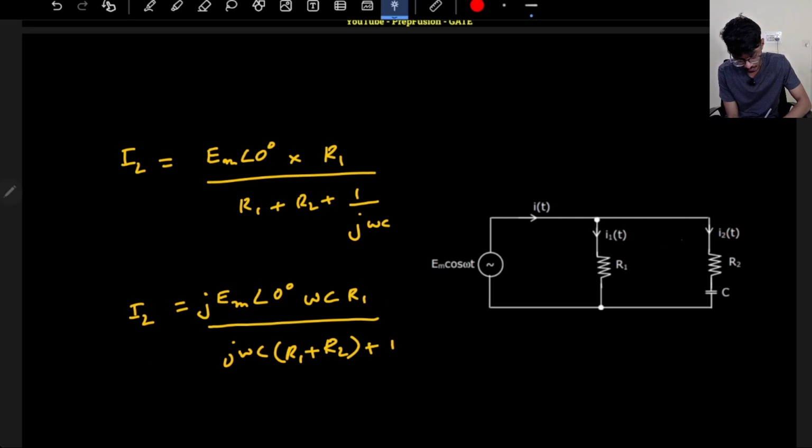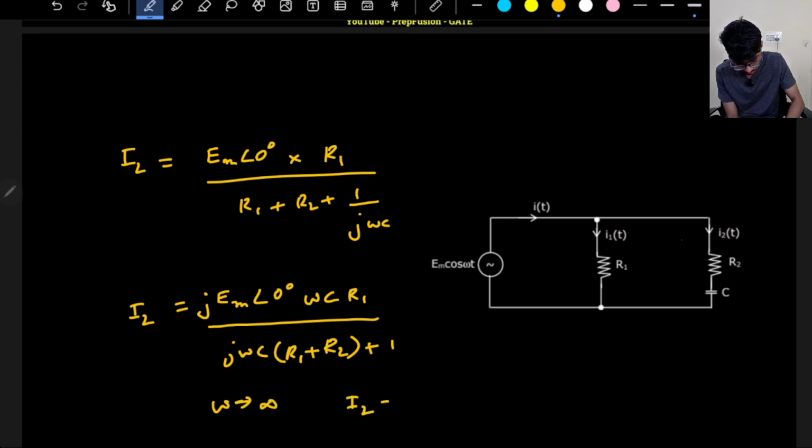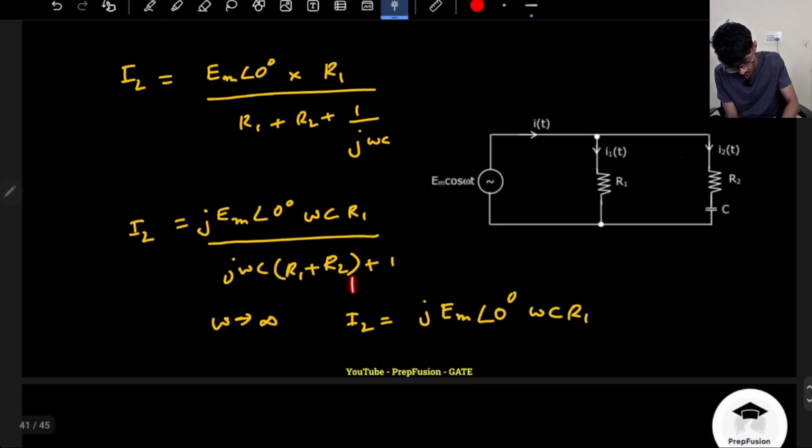If you put omega equals to infinity, what will happen? This will dominate over this one. So ultimately, if omega is tending towards infinity, what am I getting? I2 is J EM 0 omega C R1, and of course I can ignore this plus 1.